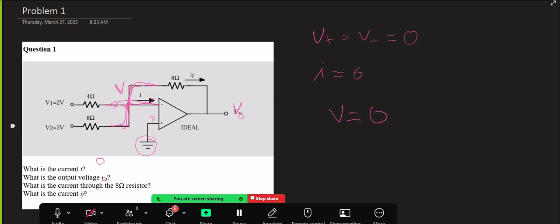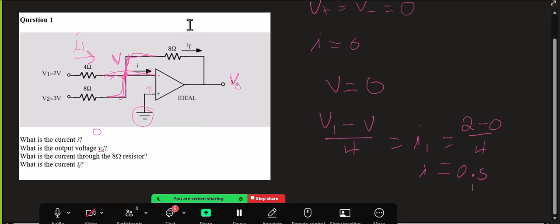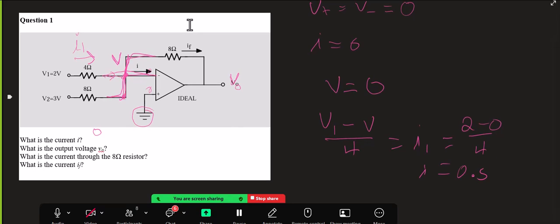So I can find the current through here by saying V1 minus V over 4 equals I1. V1 is 2, so 2 minus 0 over 4, so I1 is 0.5. What is the voltage right here?